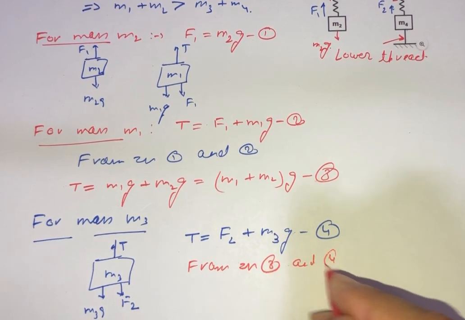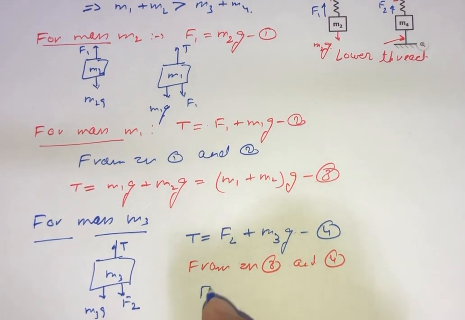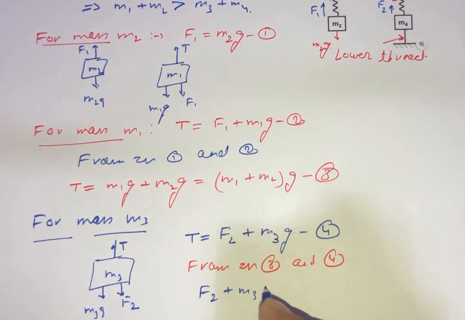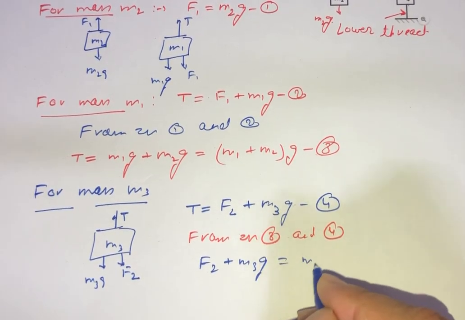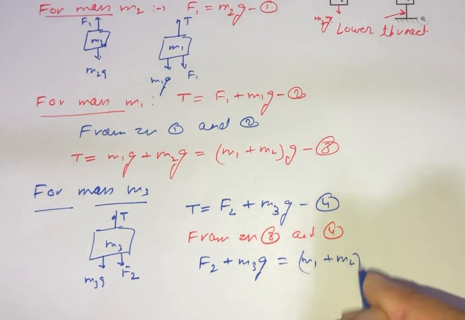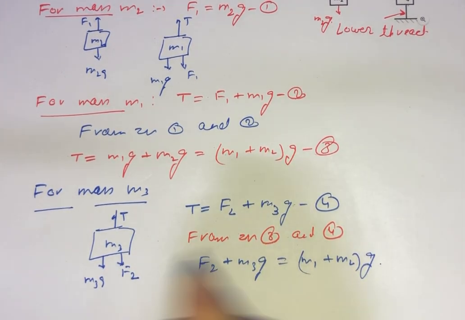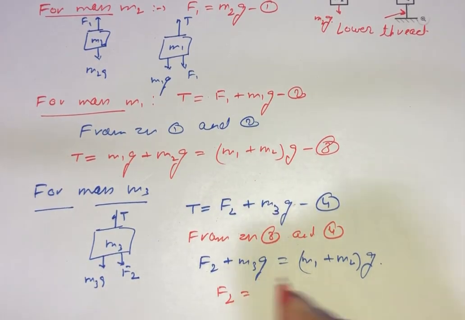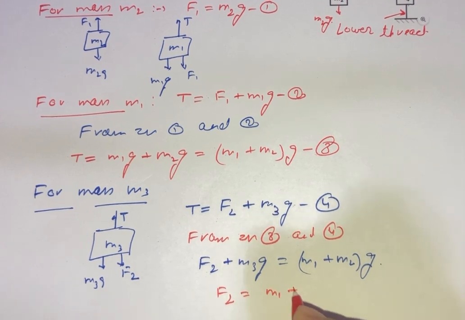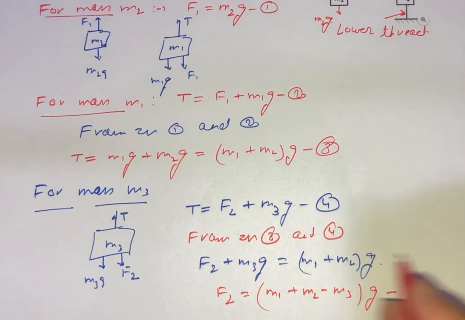From equations 3 and 4, we can say that F2 plus M3G is equal to M1 plus M2 times G. From here we can write what will be our F2. F2 will be equal to, taking G as common, M1 plus M2 minus M3 times G. Let us call this equation number 5.